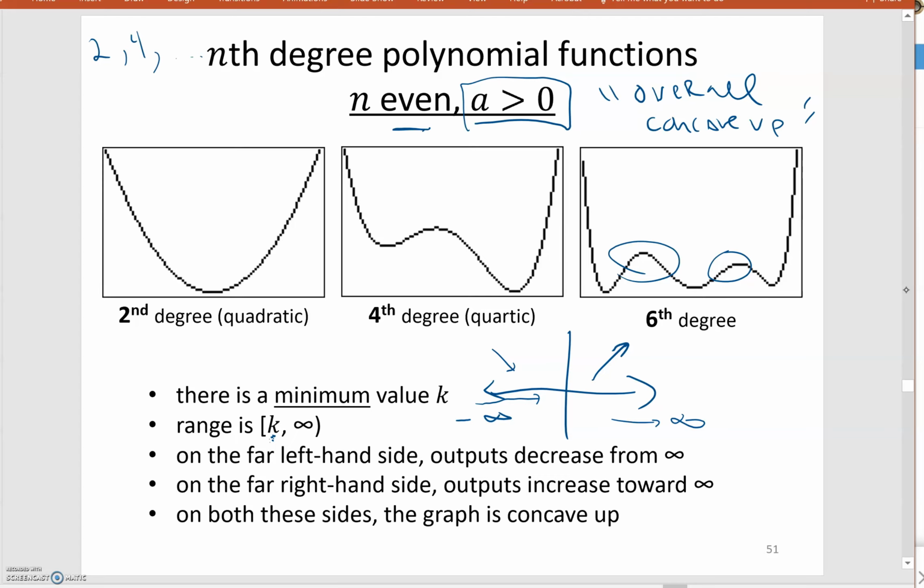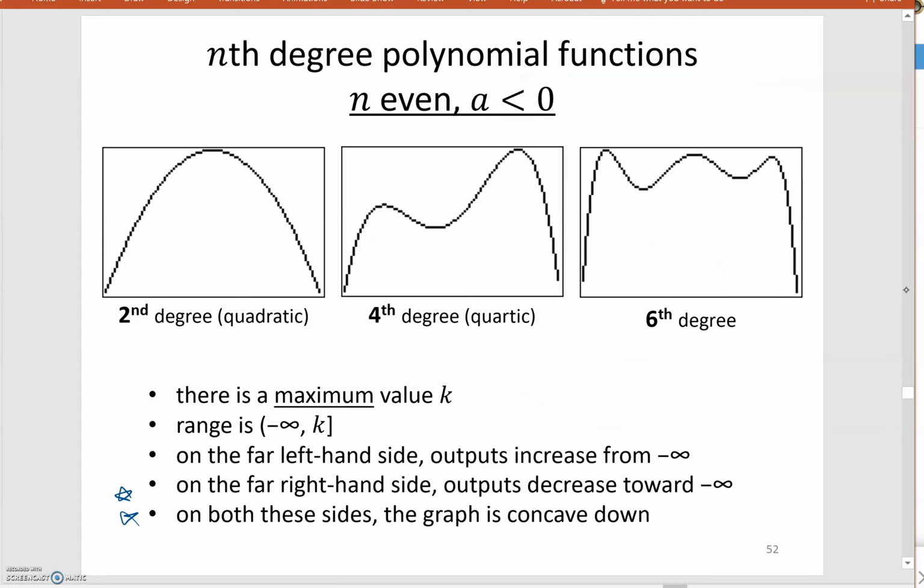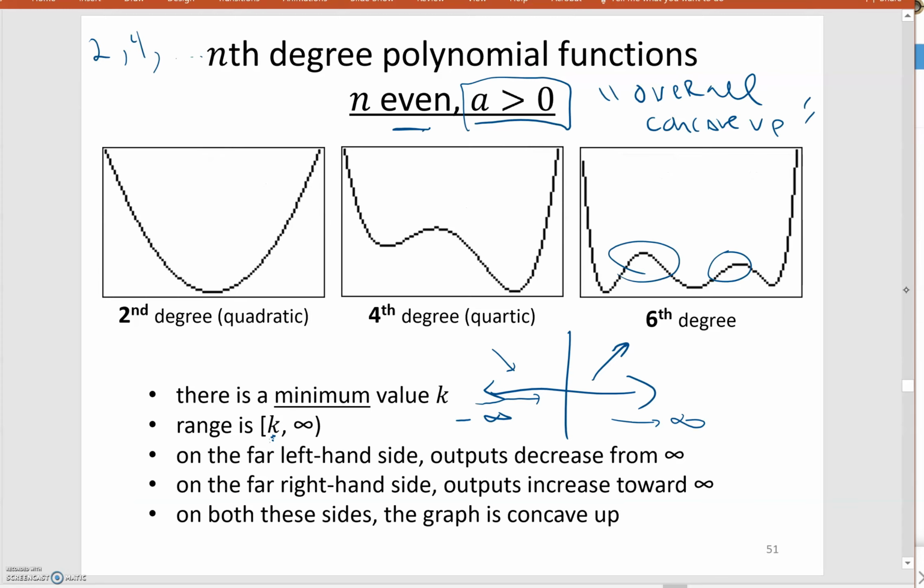Now if we look at even degree polynomials with a negative leading coefficient, as you might expect, we basically just flip things upside down. Oh, and you know what? I kind of skipped a bunch of stuff there, I'm sorry. I should talk about ranges. So going backwards, for a positive leading coefficient, it does have a minimum value.